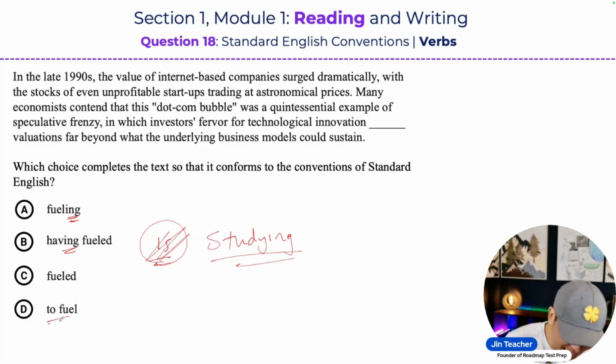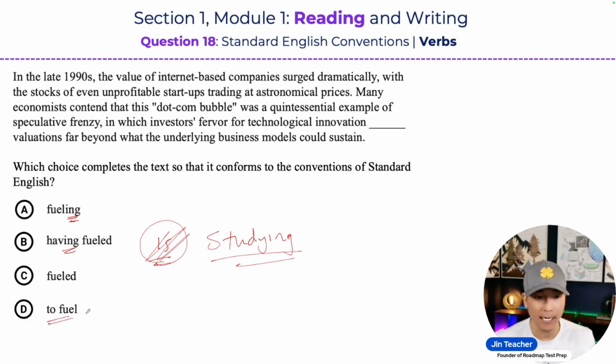Another thing, you guys, is these infinitive forms. To fuel also looks like a verb. It's created from a verb, but it doesn't function like a verb. So just like ing words by themselves do not function like verbs, infinitive verbs like to fuel also don't act like verbs.